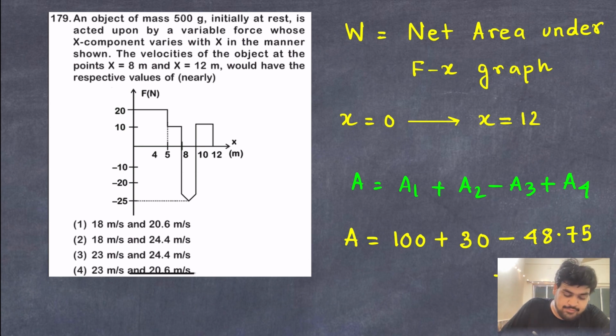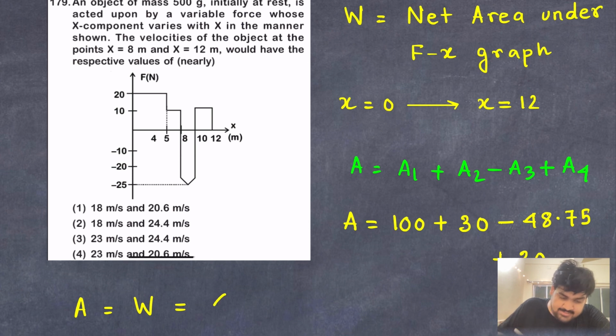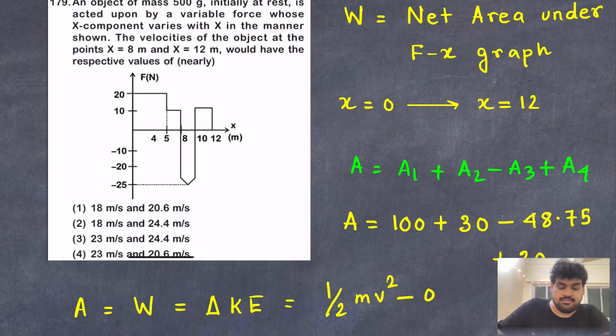Now a4 is from x equal to 10 to x equal to 12, so the base is 2 units and the height is 10 units, so plus 20. From here you can easily get the value of the net area, and the net area corresponds to the net work done. So this corresponds to the net change in kinetic energy, which is final kinetic energy, half m v square, minus initial kinetic energy. Putting in the value of the area, you can easily find the velocity of the body.